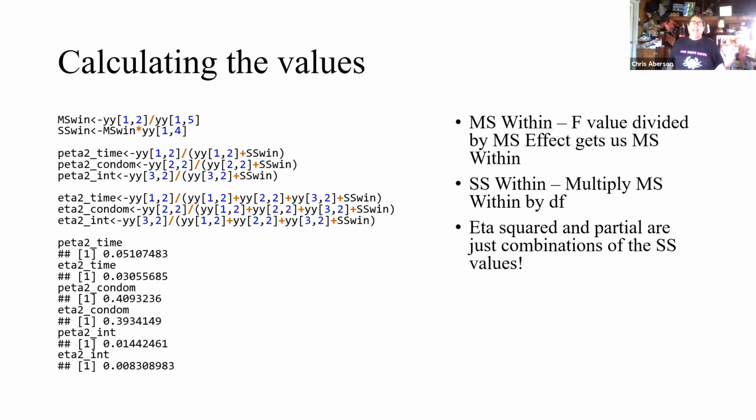So very easy to get each of these. I got partial eta squared and regular eta squared here, so we can use either one. Of course, I don't know why they're in this order. Yeah, I see why they're in this order. One thing to note is that eta squared is always going to be smaller than partial eta squared, of course, because of how it's calculated.